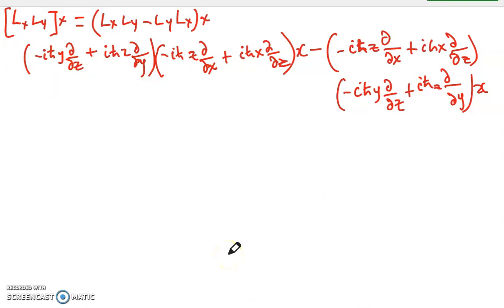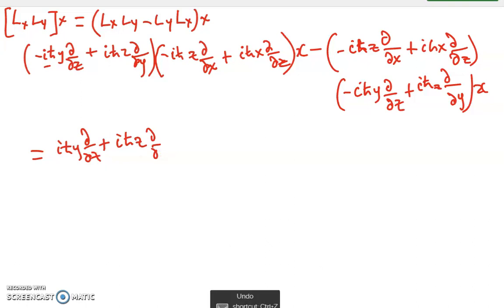If we do our differentiation, bringing these two things together, this will be equal to i h cross y d/dz plus i h cross z d/dy. So this is what we have now.